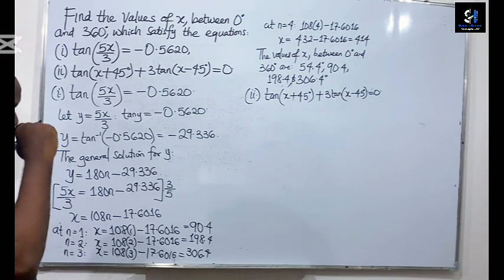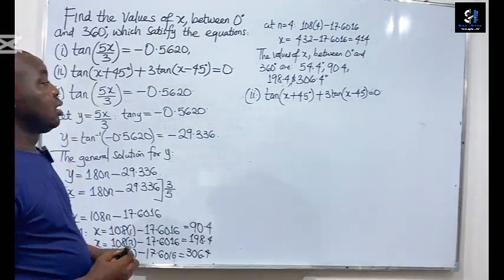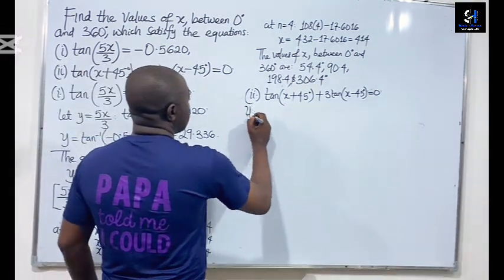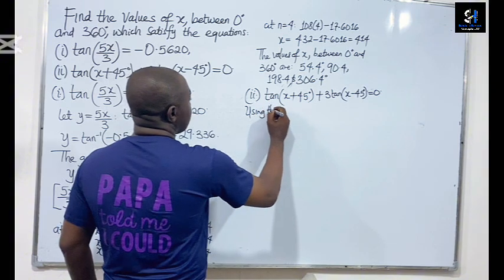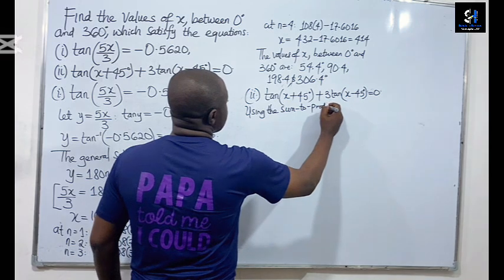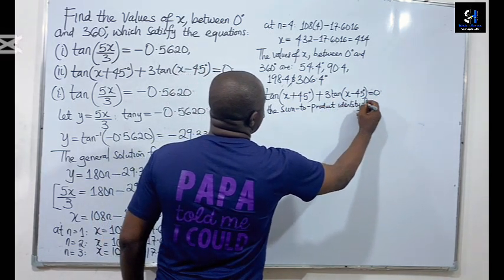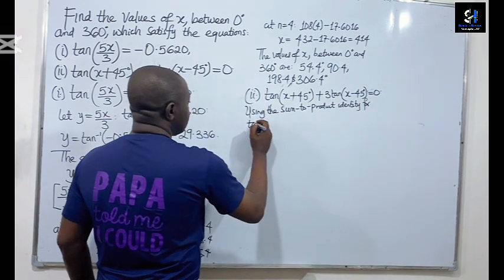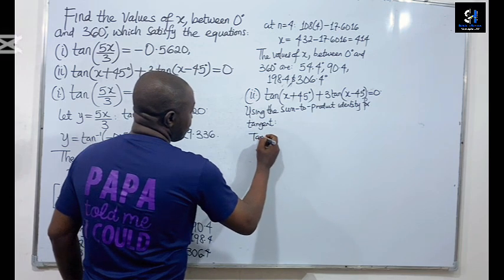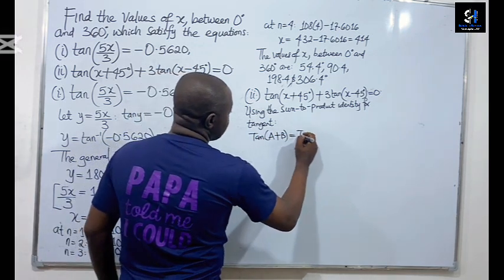Now, to solve this equation, what I will do in this case is to recall the sum to product identity for tangents, which is, we have tan(a + b).